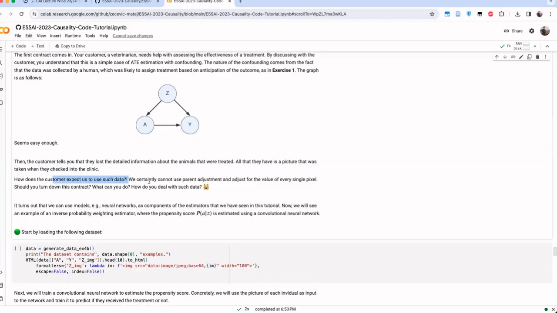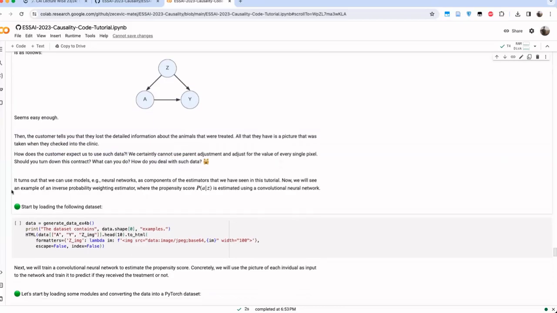So how can we know, just based off the pictures, which animals were treated or not? Sure, there are maybe dogs and cats and whatnot, differentiating factors between the animals, which we could maybe extract from the images, but still, how should we know which ones get treatment? So can we deal with this data?